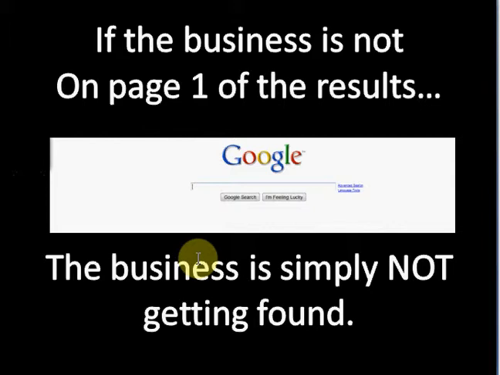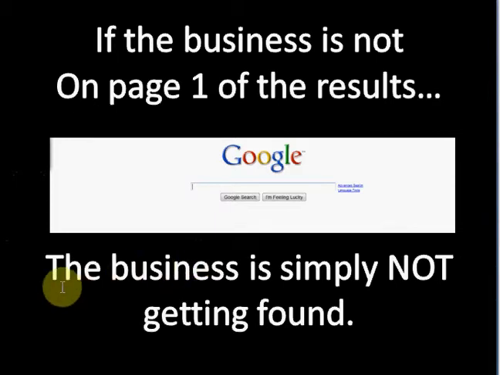So the goal is to help get you on page 1 or 2 of Google or the major search engines. One of the ways that we do that is with SEO, which is back-end optimizing of your site with some meta tags and other terms. But also social media helps and plays a big role in the search engine results.